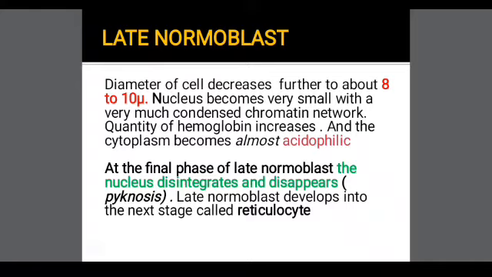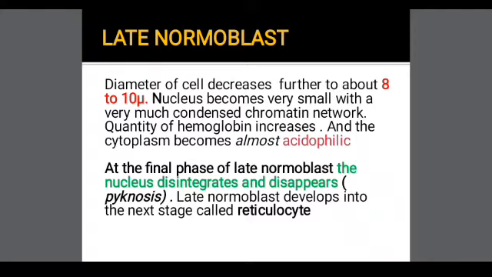The quantity of hemoglobin increases and the cytoplasm becomes almost acidophilic, because of the increasing quantity of hemoglobin. Now, at the final phase of late normoblast, the nucleus disintegrates and disappears. That's the special thing in late normoblast.